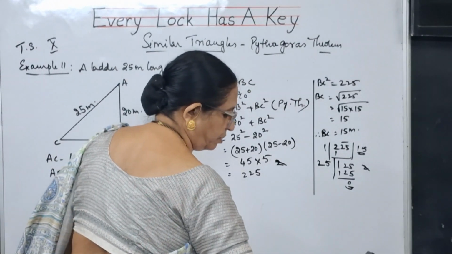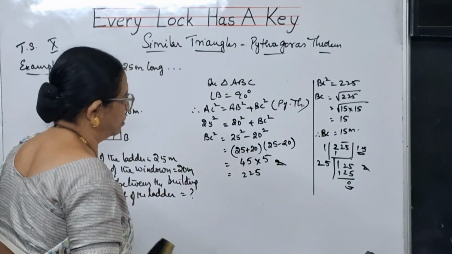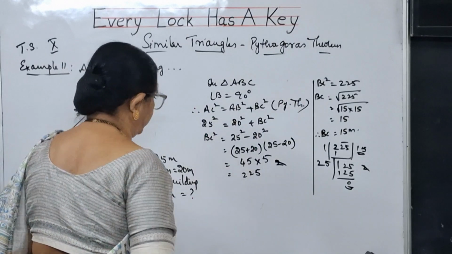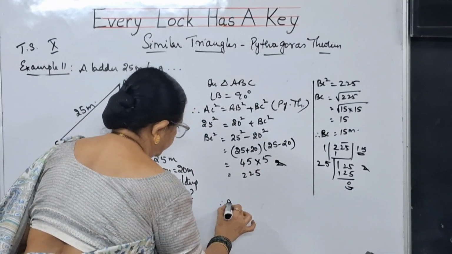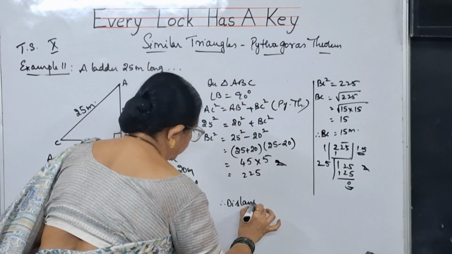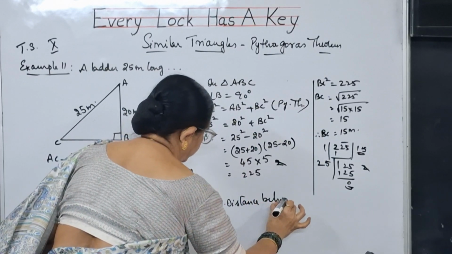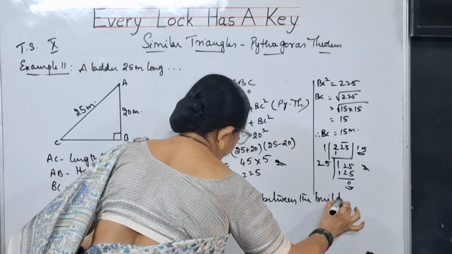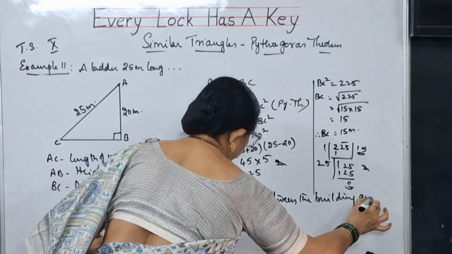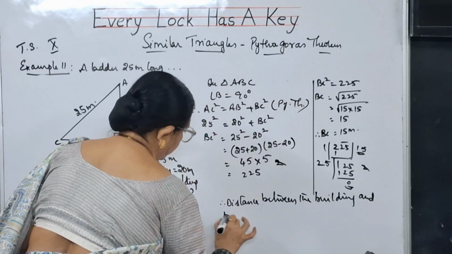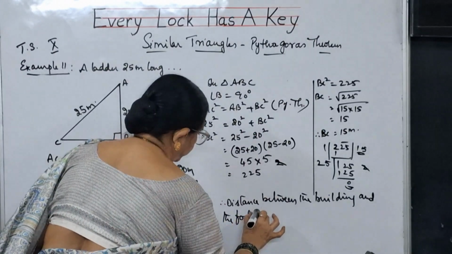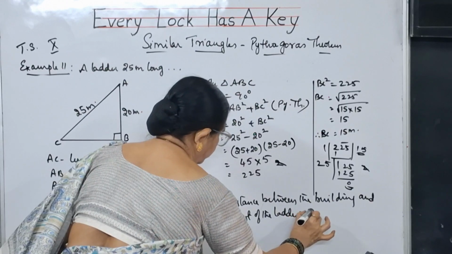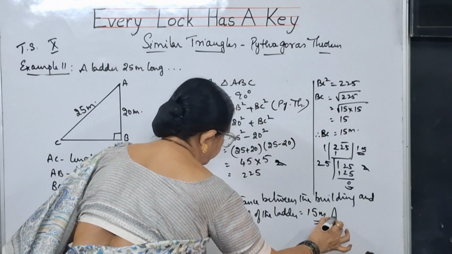So this is the answer for this problem, children. That is BC is equal to 15 meters. Therefore, the distance between the building and the foot of the ladder is equal to 15 meters.